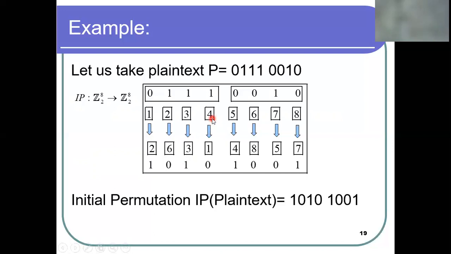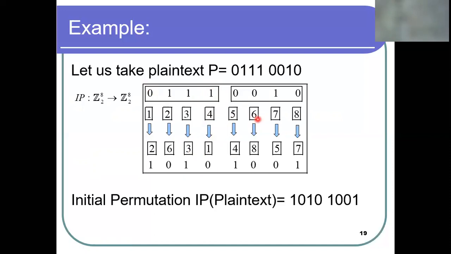So the fourth position is mapped on the first one. Basically, on the fourth position is mapped the first bit of the plain text, which is 0, so it will be mapped over here. On the fifth position there will be the fourth bit.